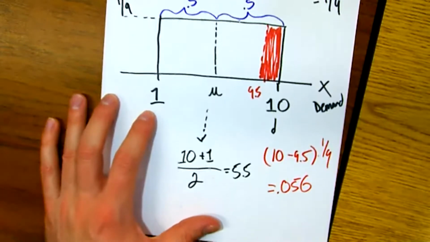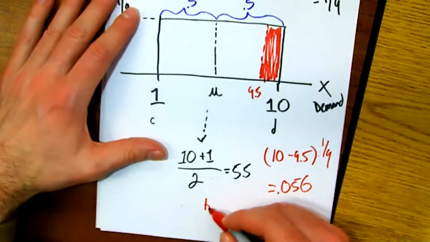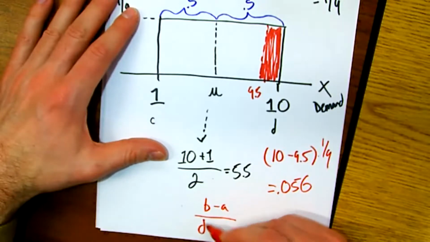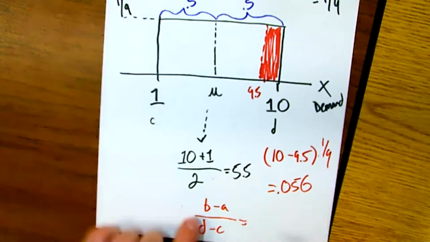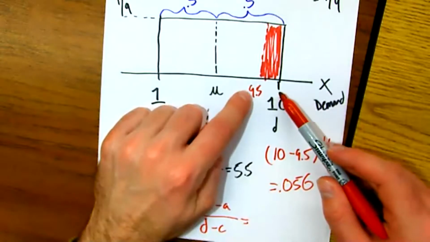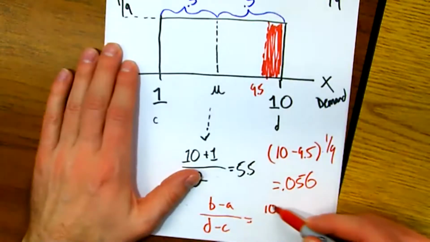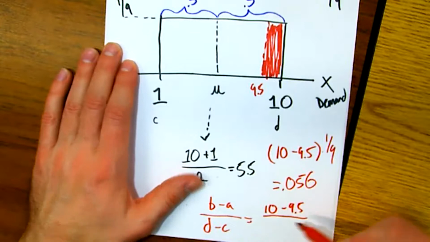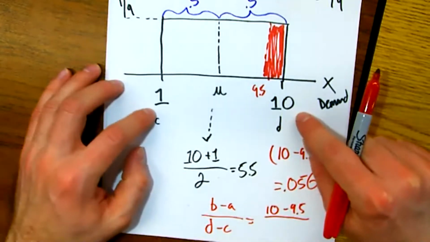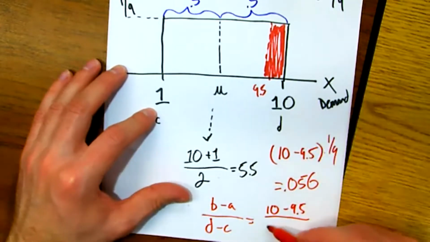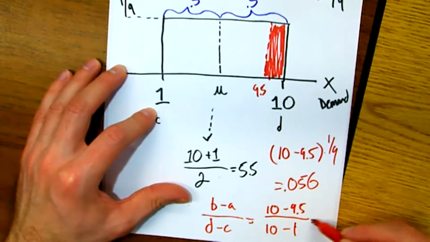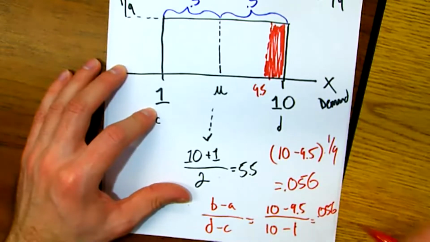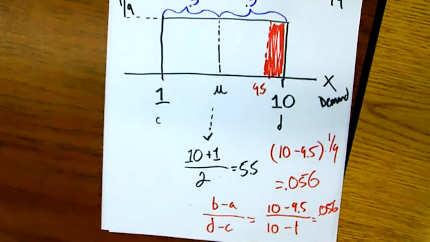Now you could have plugged everything into the general form of the equation: (B minus A) over (D minus C). B and A are where my interval starts and stops, so 10 minus 9.5. D and C are where my uniform distribution starts and stops, so 10 minus 1. Sure enough, we get that same 0.056.